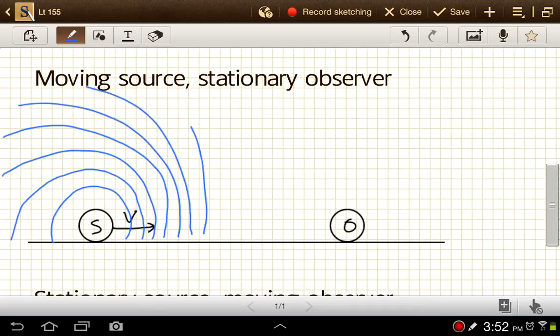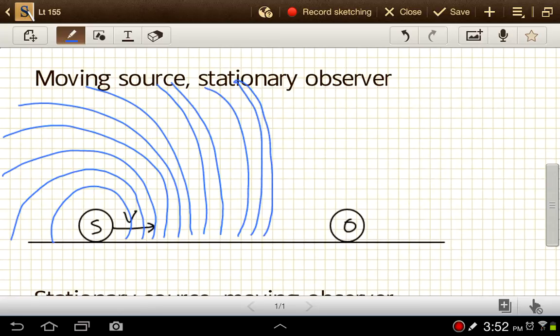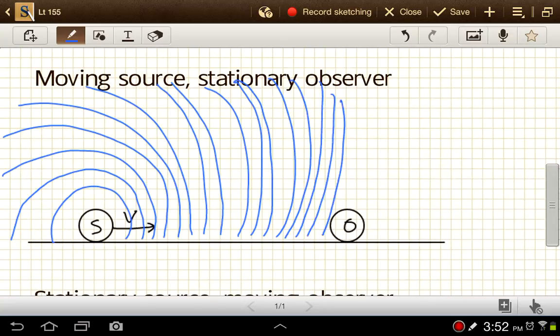And I made these waves really tiny, so I've got to draw a lot of these before they get to the observer. Okay, something like that. So this observer then is, again, just sitting there and waiting for these waves to come past it, waiting for these peaks to come past it.